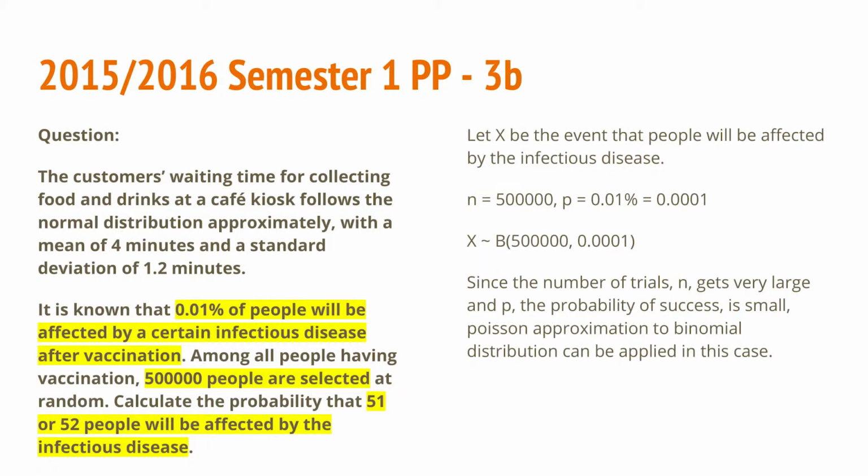Then we can calculate the probability that 51 or 52 people will be affected by the infectious disease, which is the probability that x equals 51 plus the probability that x equals 52. Then finally we get the answer, which is 0.1083.